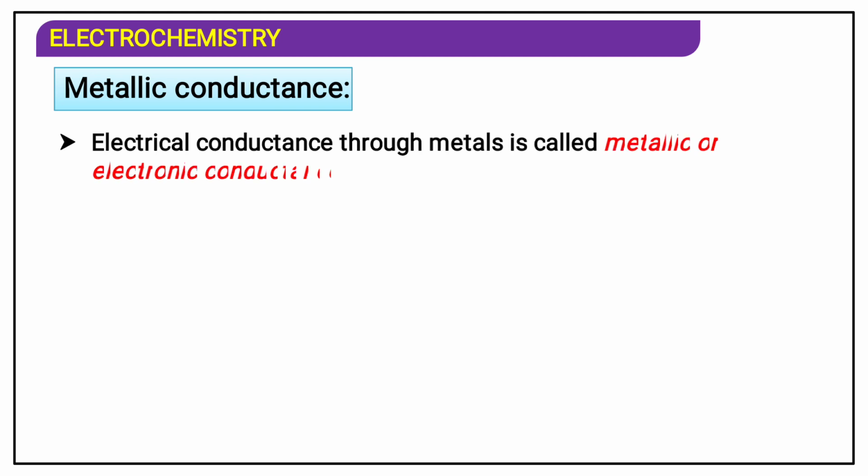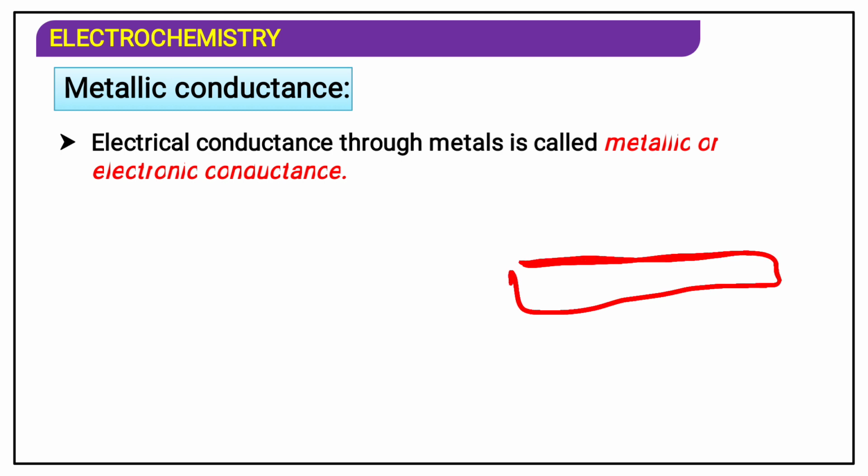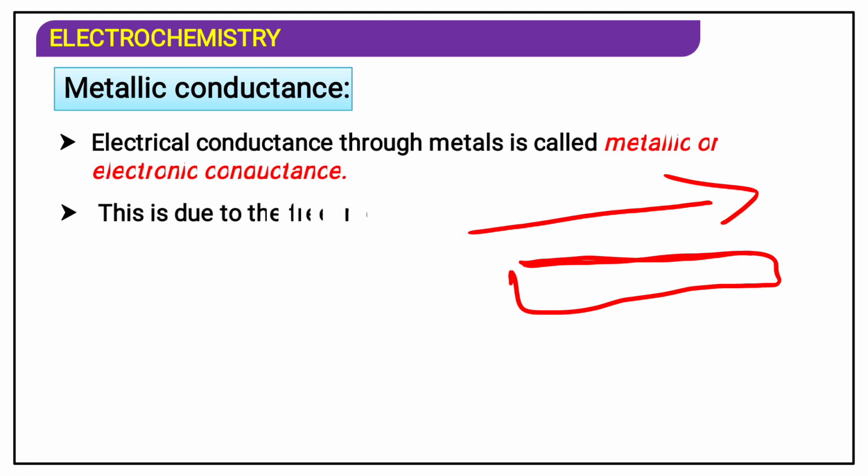See here, a very important thing is electrical conductance through metals. Suppose you take any one metal like iron or copper, and electricity passes through this metal, then it is called metallic or electronic conductance. How does electricity conduct here?